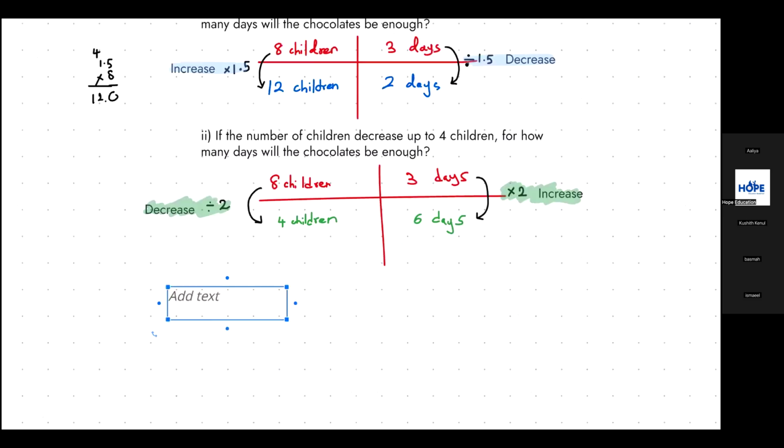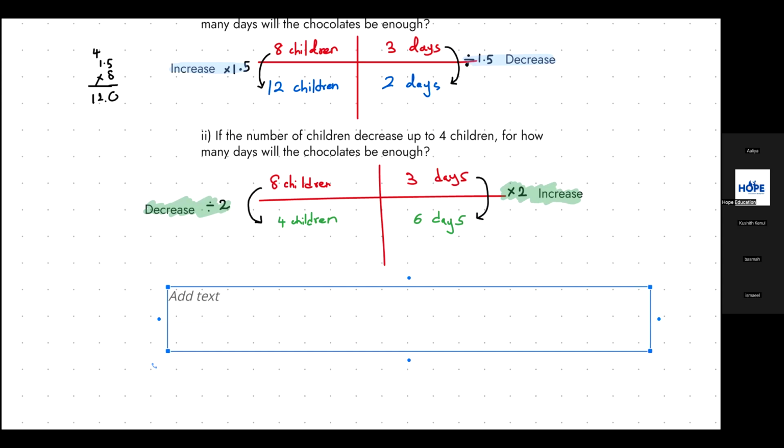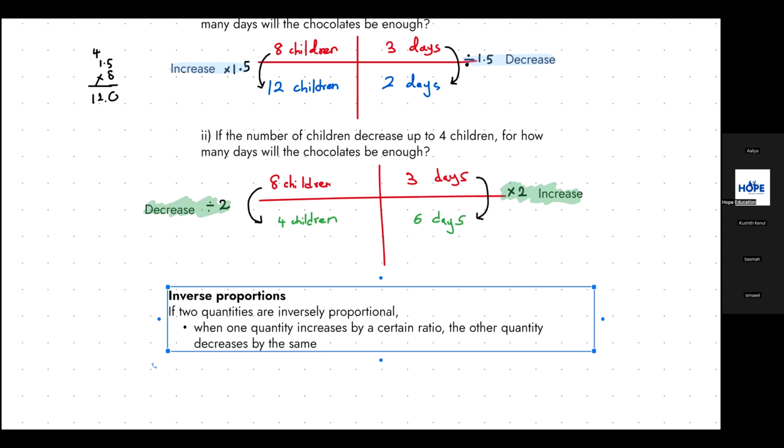Please don't waste energy on that. Write this definition as well.